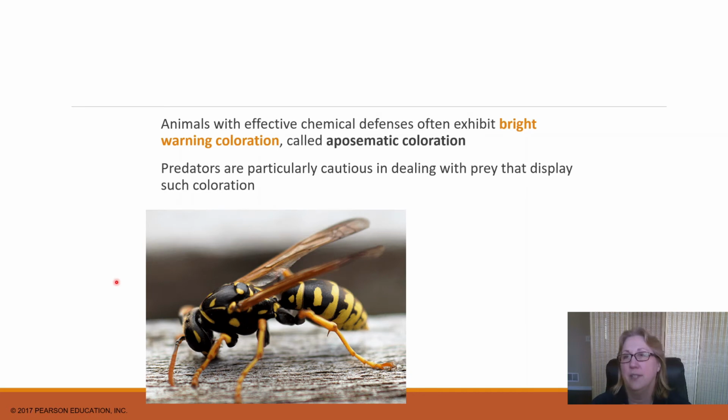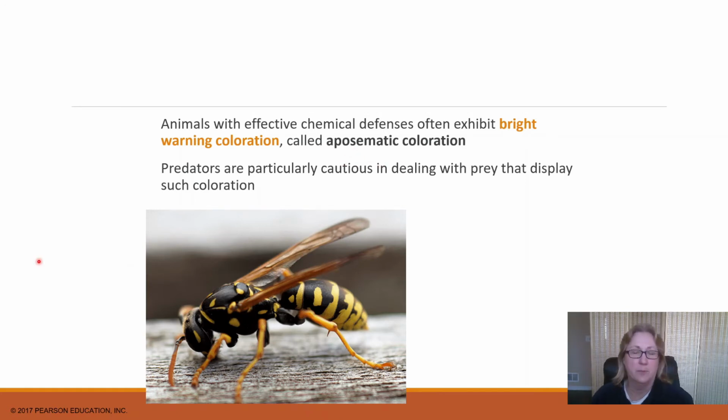Many animals also exhibit warning coloration, which is called aposematic coloration. Aposematic is from Greek roots: apo, which means away from, and sematic, which means sign. So it's a sign to stay away. That's aposematic coloration.